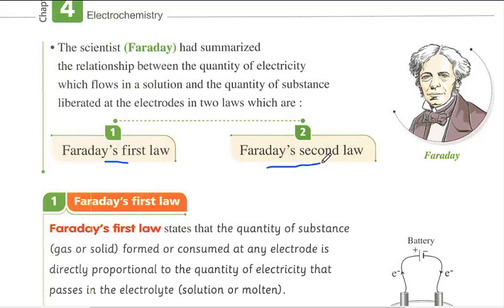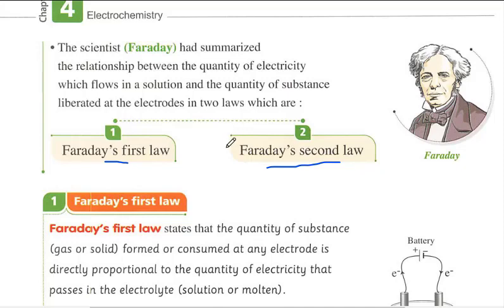The second law: if we pass electric current through electrolytic cells connected in series, so there are different elements, what is the relation between the liberated masses of the different elements with each other? If we have a cell with copper, a cell with silver, a cell with aluminum, is there any relation between the aluminum, the copper and the silver deposited on the electrodes?